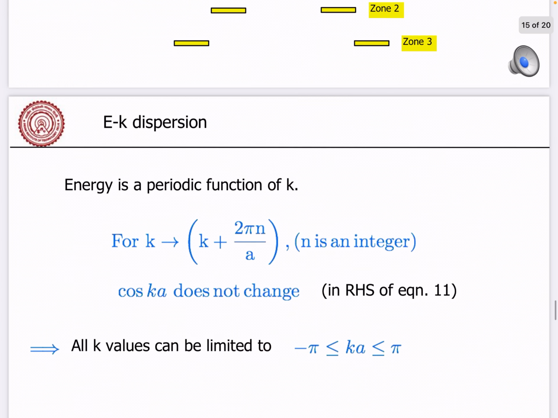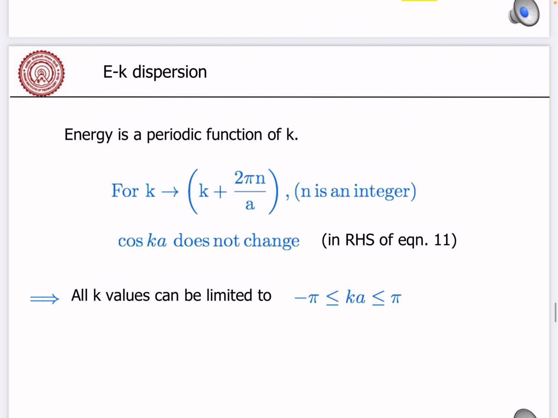Let me discuss this to understand that. What we see here is that energy is a periodic function of k in this case. Why is it so? On the right side of that equation, you remember, P sin alpha a by alpha a plus cos alpha a equals cos k a.